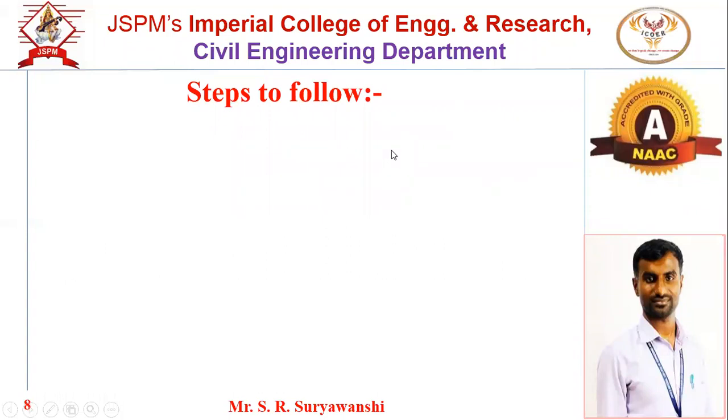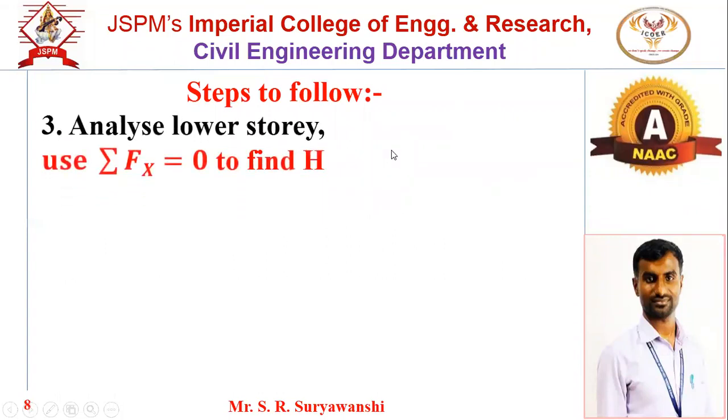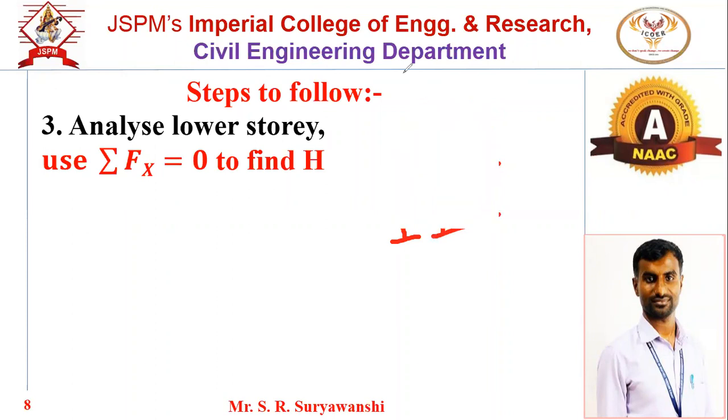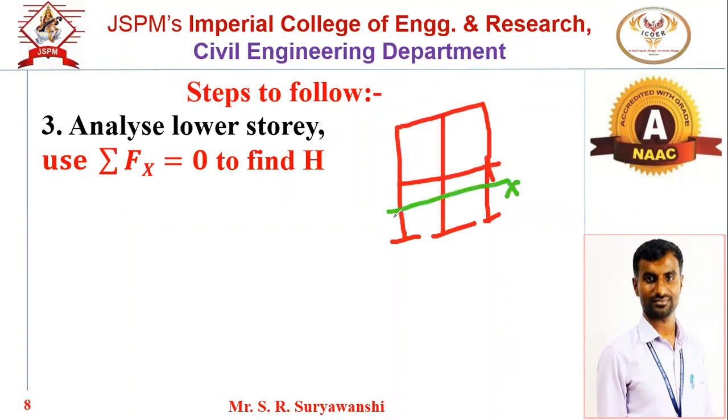Then after upper story analysis, we have to consider the bottom story for the analysis. Again, take the section for the bottom story at mid height by keeping the upper story as it is. Suppose this is the frame and we have to perform the analysis for the bottom story. Now here, take the section at mid height of that column. Now this is the section for the bottom story.